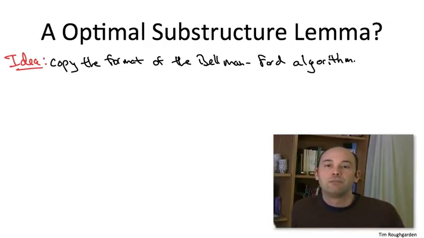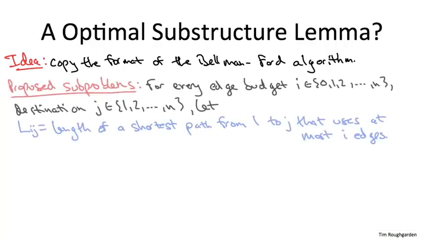So a canonical subproblem in Bellman-Ford was to compute the length of a shortest path from the given source vertex to some destination vertex v that has i edges or less. So by analogy, we could think here about subproblems where we want the shortest path from the starting vertex number 1 to some other vertex, j, that uses at most i edges.